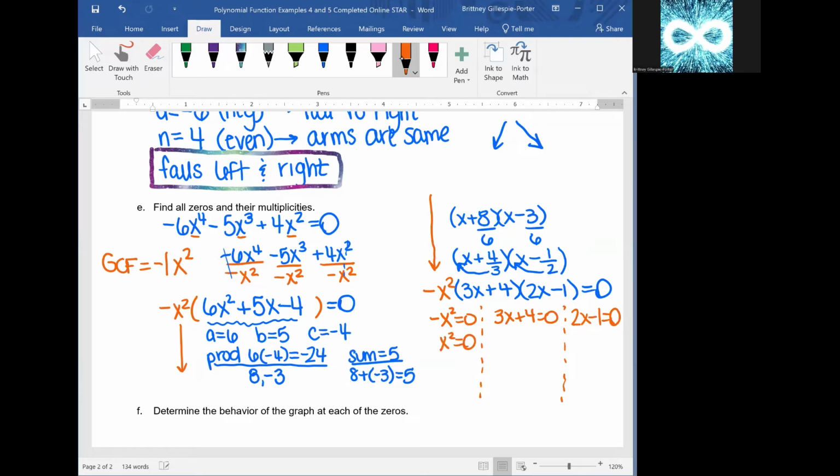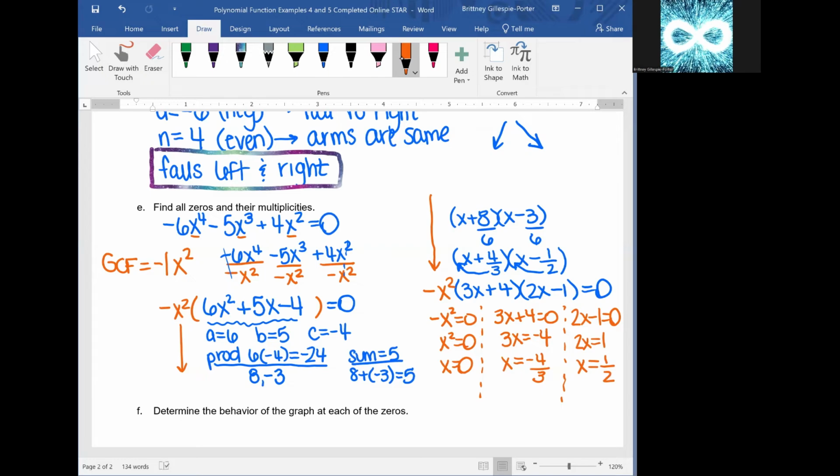X squared is 0, which means that x is 0. In our middle equation, subtract the 4 to get 3x equal to negative 4, and x equal to negative 4/3. And finally, add the 1, we get 2x equal to 1, which means x is equal to 1/2.